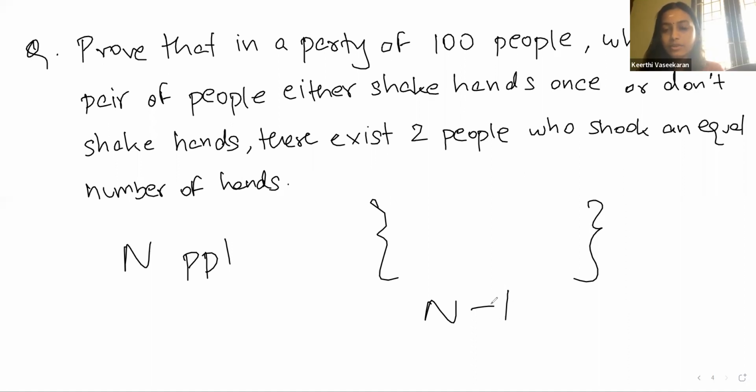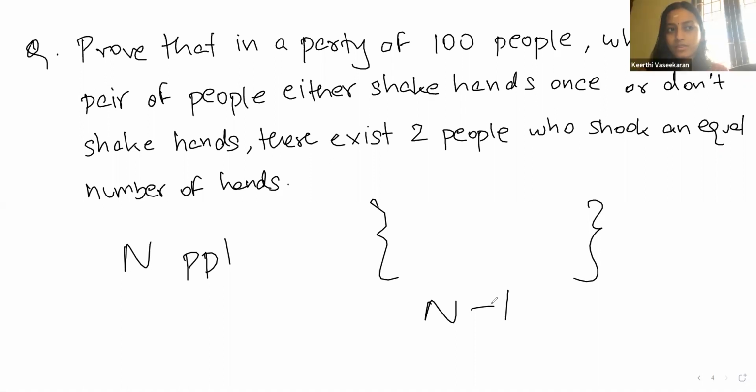So if your set of the number of handshakes also includes 0, a person shook 0 hands. Again, there is nothing that special about 0 here, right? You can just say that they shook 0 hands. That's a perfectly valid thing to say.